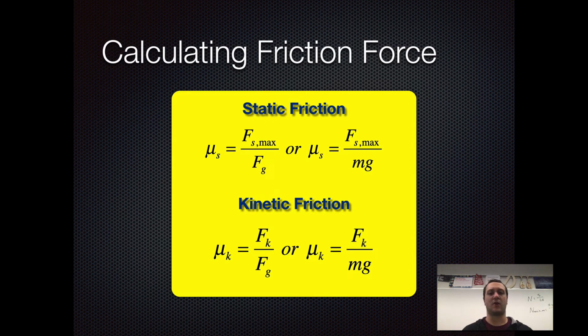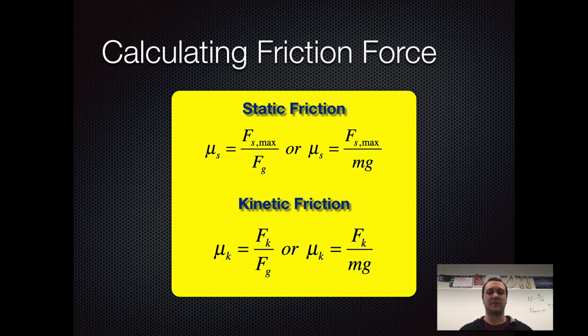And remember, weight can also be mass times the acceleration due to gravity. So keep in mind, your kinetic friction force is going to be constant. Your static friction, we're always looking at the maximum value. Typically, that's what you're going to be given, is that maximum. Notice here, we're dividing force by force, so that unit drops, which is why the coefficient does not have a unit at all. We're dividing newtons by newtons here, which cancels out.